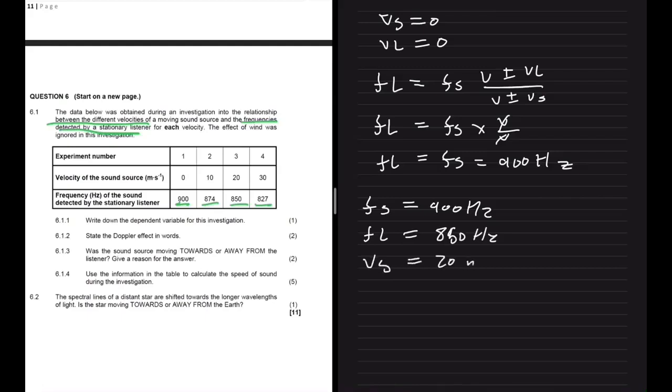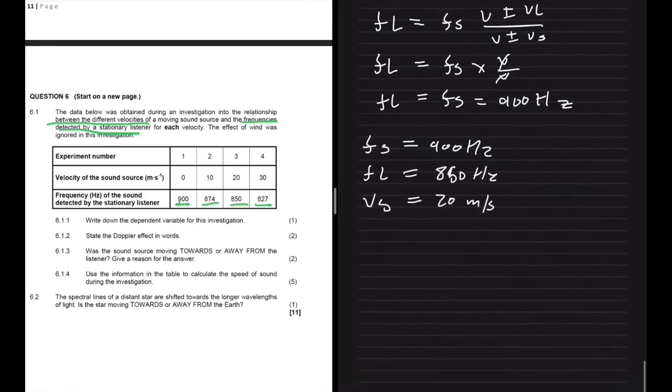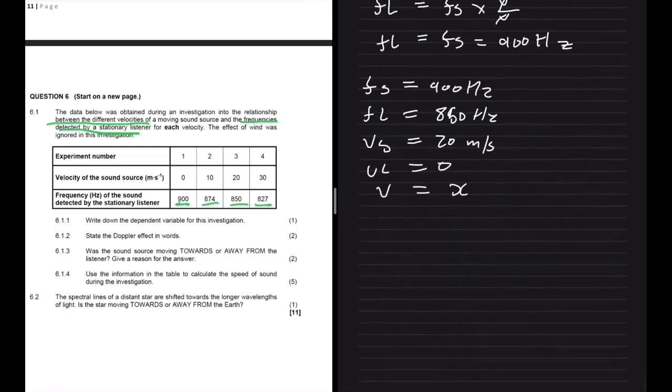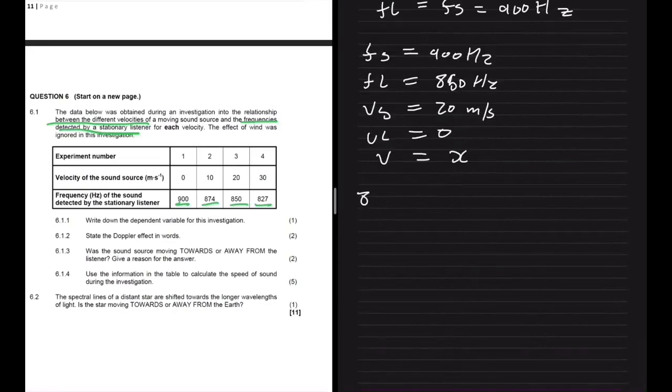Vs is 20 meters per second, we're given that. We suppose VL equals 0. V is our unknown. So let's plug that into the equation: 850 equals 900 multiplied by V plus or minus 0, divided by V plus 20. We use plus because the source is moving away. If the source was moving towards, we would have a subtraction on the denominator.